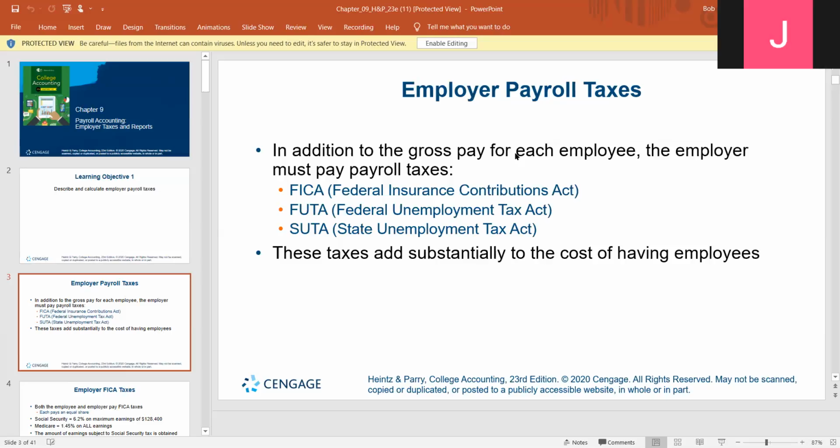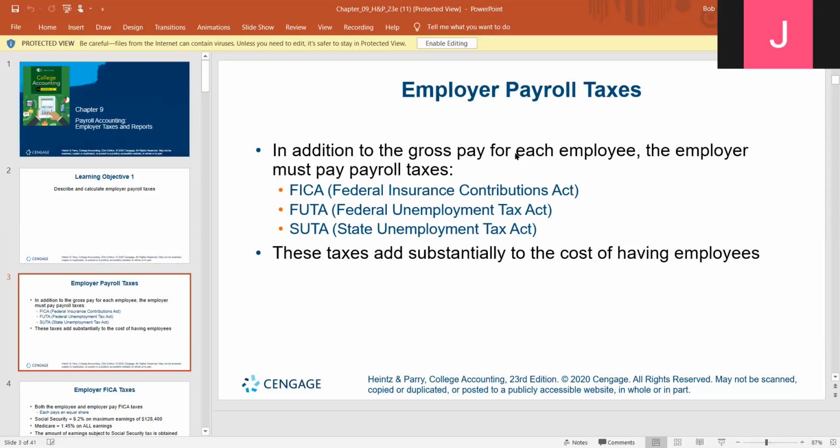Employees pay federal income taxes. Employer does not pay that. Employees pay FICA, that's the pension, that's the Medicare and Social Security. That number is matched by the company. So that's also a company expense.